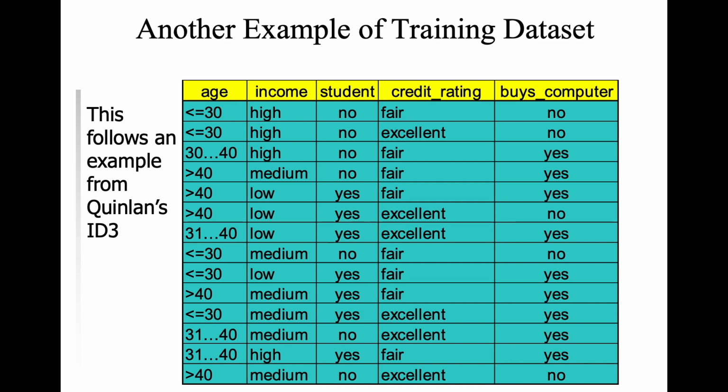But that's not the case here. Some of them are yes, some of them are no, and it depends on other features. So we have to branch out our tree here.